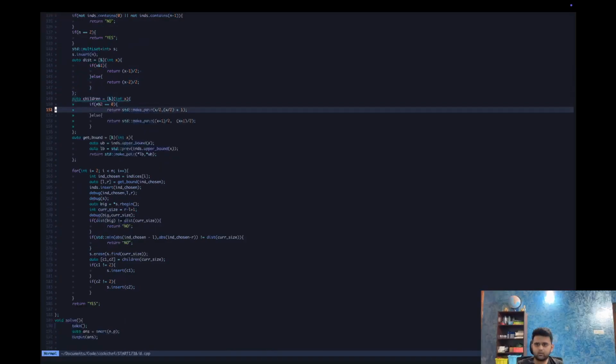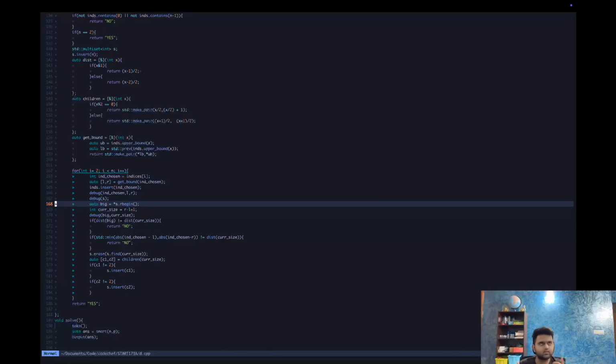So for indices from 2 to n minus 1, what I get is the indices I've chosen by looking at the inverse permutation. Then I get L and R to be the bounds, which I do with a simple binary search in a set of indices that have been occupied, and get the biggest one.